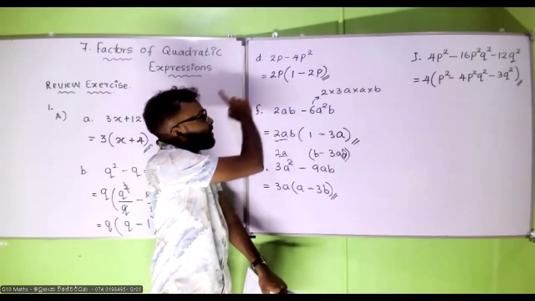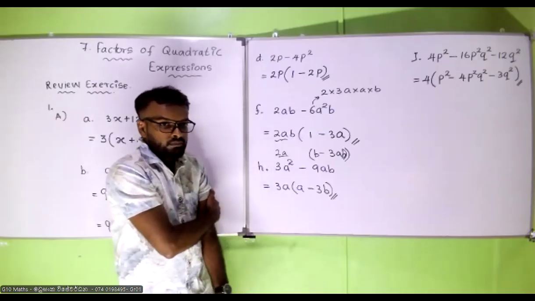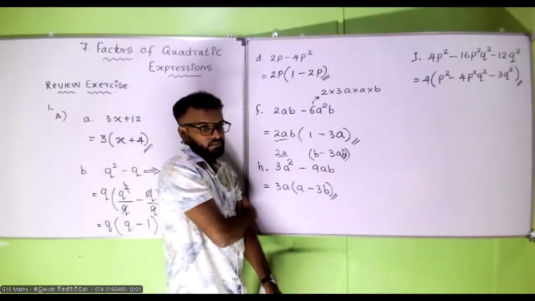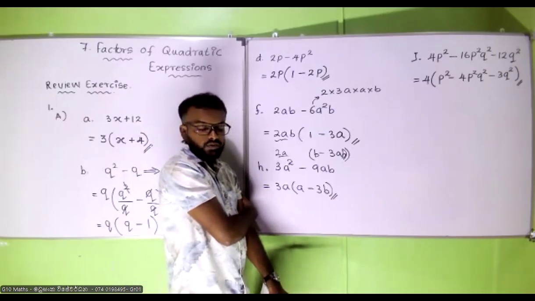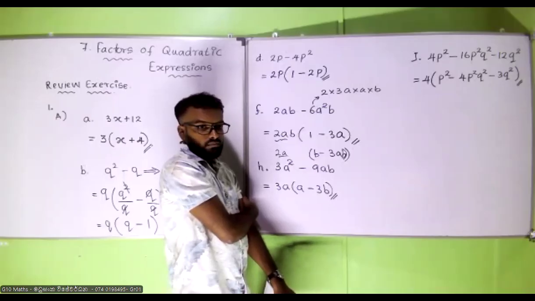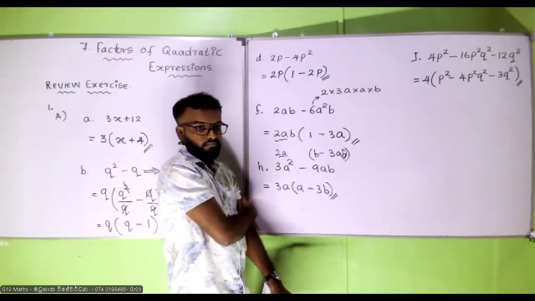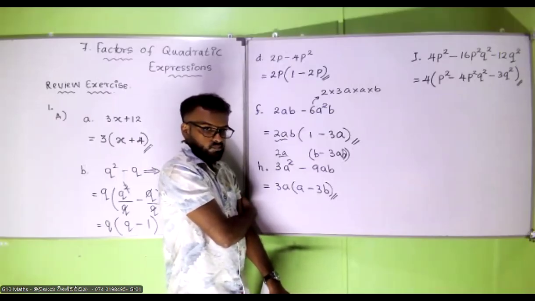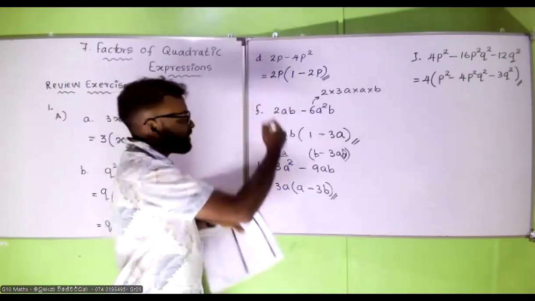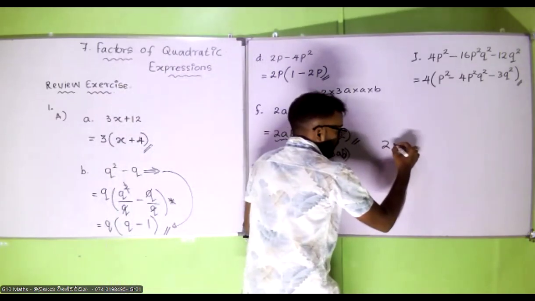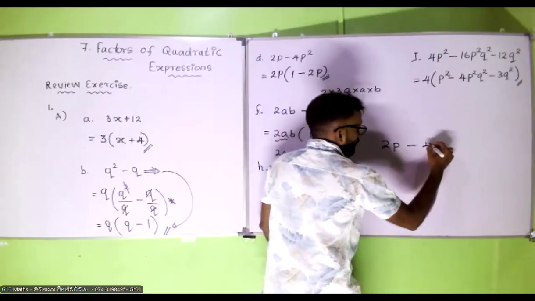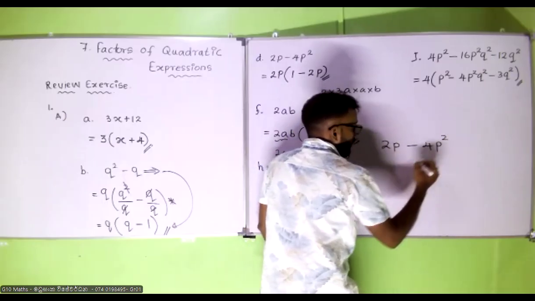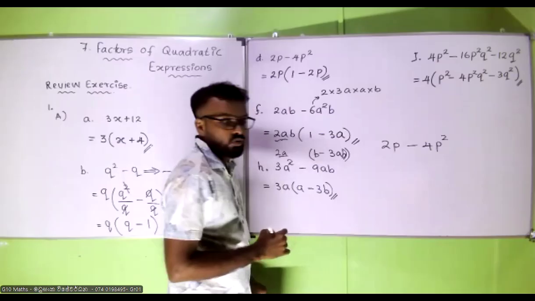Because we are taking p out. So it's wrong, right? So I have to take 2p out and then do the calculations like that, right? So shall I explain it again? 2p minus 4p squared.